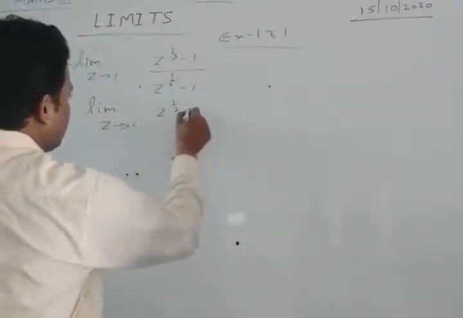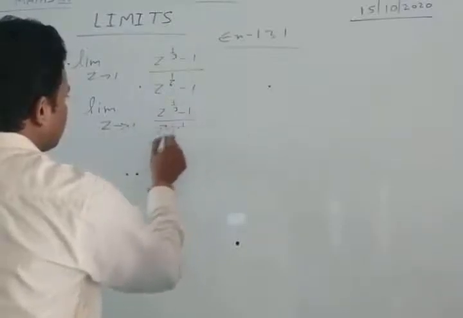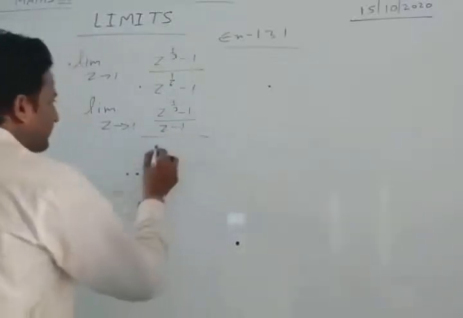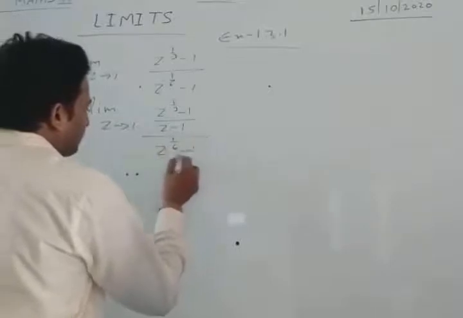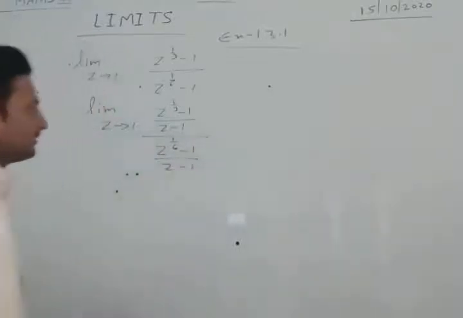(z to the power 3 minus 1) upon (z minus 1), divided by (z to the power 1/6 minus 1) divided by (z minus 1).